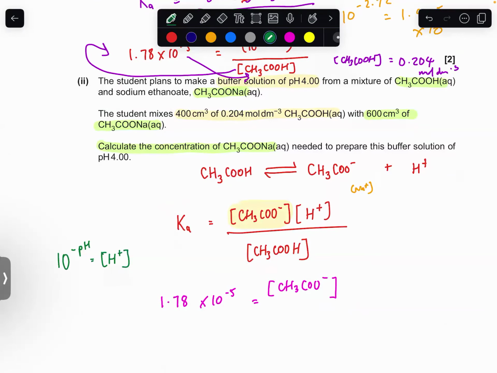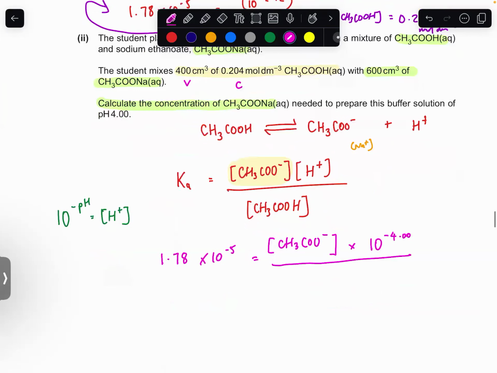So what we do here, 10 to the power of minus 4.00. That's the H plus concentration. And we divide that by the concentration of the ethanoic acid. You see, you've got volume and concentration here.